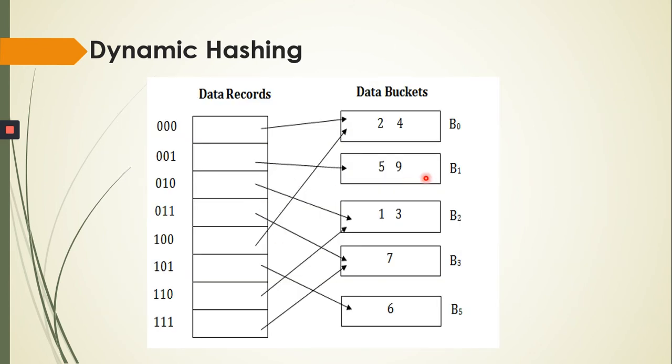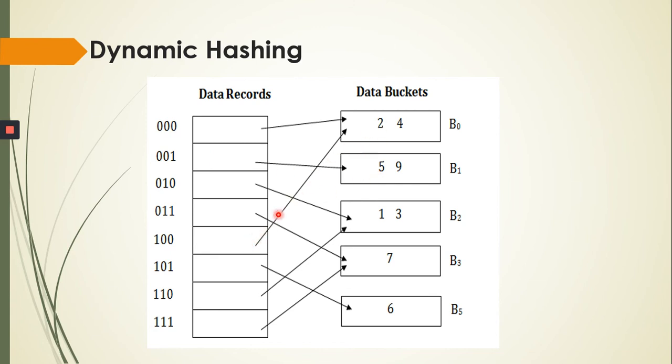So 2 and 4 are at 000, 5 and 9 are at 001, 1 and 3 are at 010, 7 is at 011, and 6 is at 101. So 000 has 2 and 4, and 001 has 5 and 9.